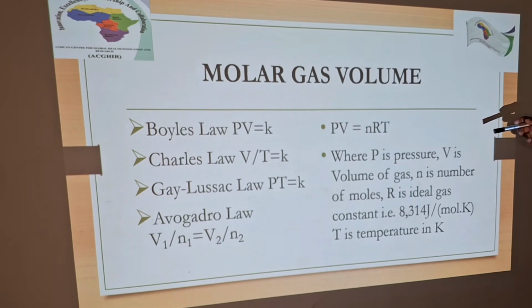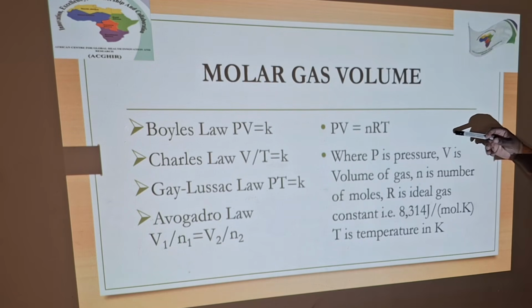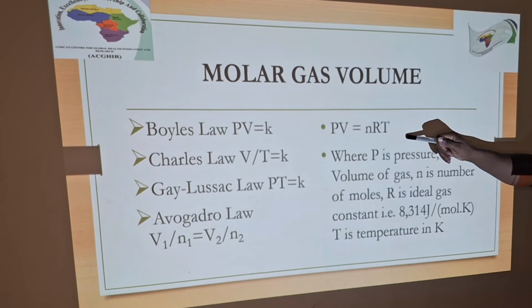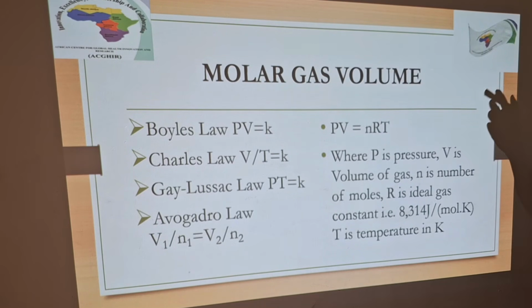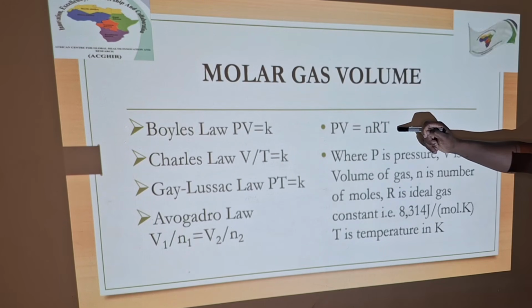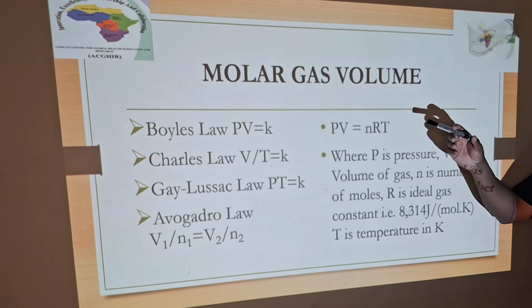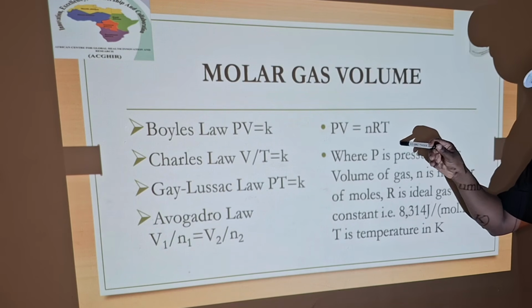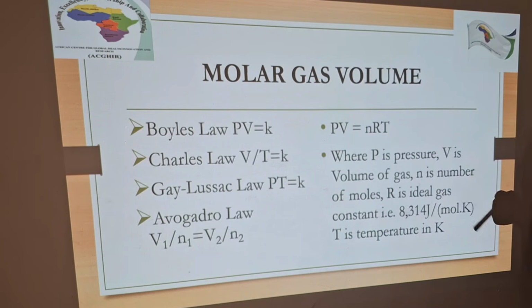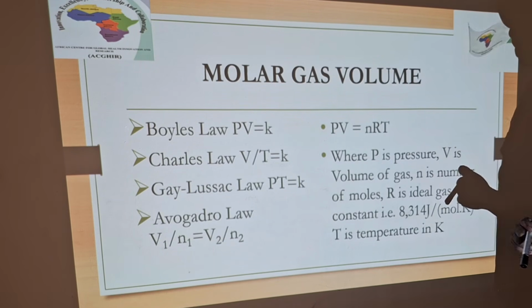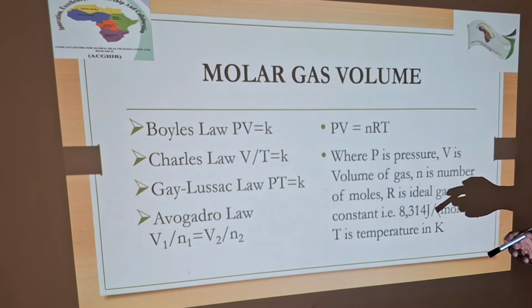So whenever you are required to use the ideal gas equation, always ensure that your temperature is in kelvins, because the SI unit of temperature is kelvins. If you are given the temperature in degrees Celsius, ensure that you convert it into kelvins.